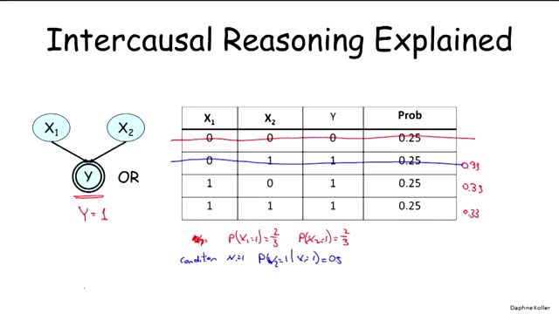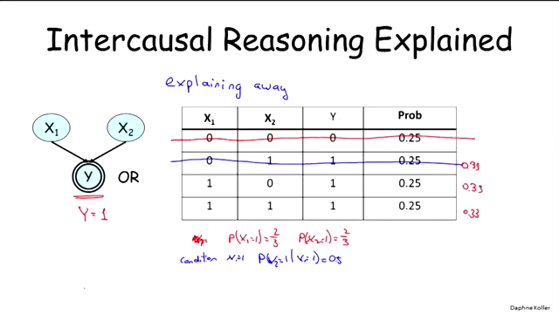This particular type of inference, because it's so common, is called explaining away. It's when one cause explains away the reason that made me suspect a different cause. And it's something that people do all the time when they're reasoning, for example, in a medical setting.